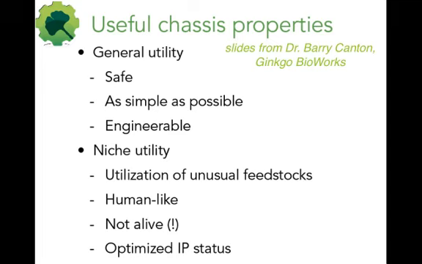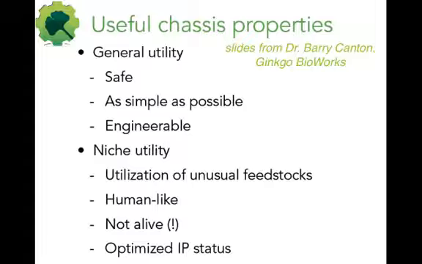So those are important considerations, but for most of this short video lesson, what I'd like to focus on is the general utility of chassis, things that we would want the cells to be. Certainly at the top of the list is safe, and I'll end some of these slides by discussing how you might engineer safety.